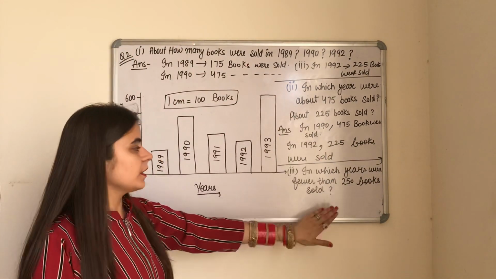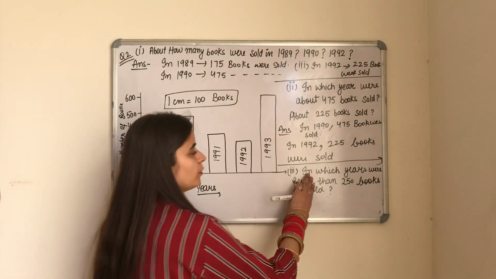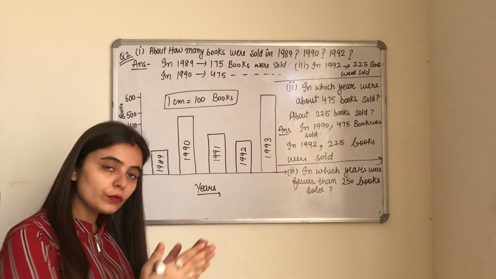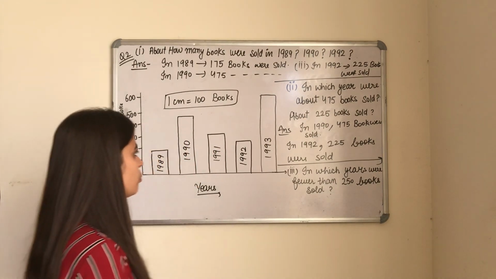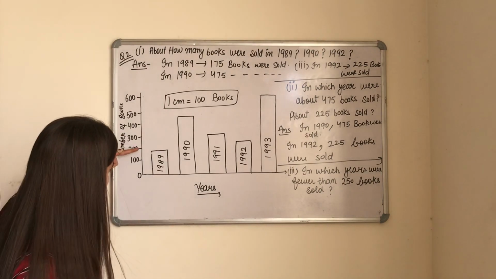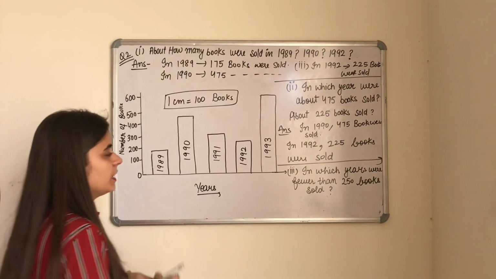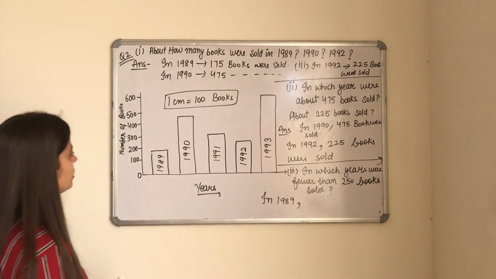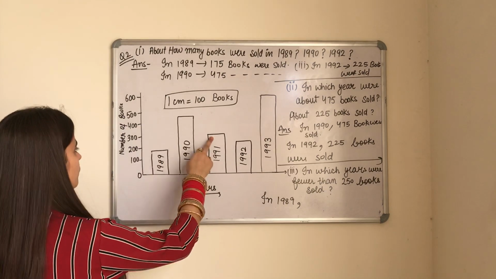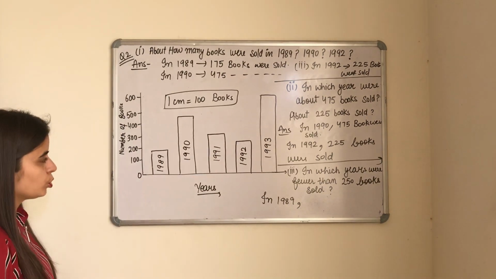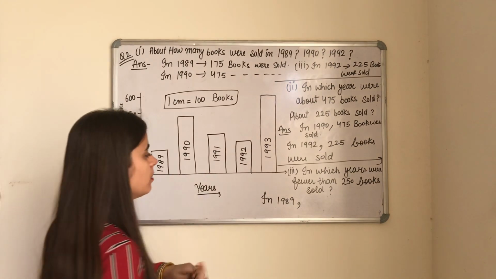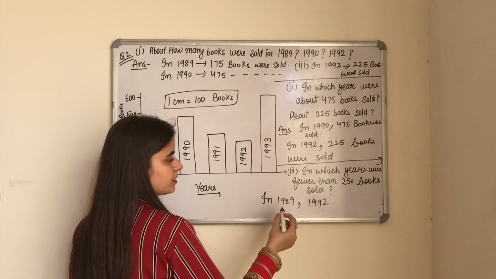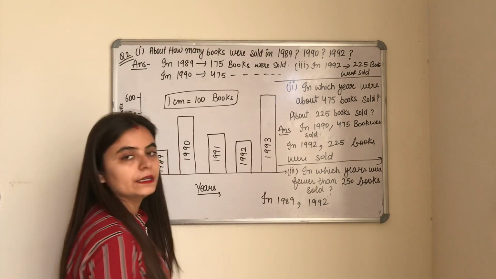First, second, now the third part is here. In which years were fewer than 250 books sold? That is, in which years were fewer than 250 books sold? This is less than 200, which means it is also less than 250. So one is 1989. Check the others: this one is greater than 250, and this one is also greater than 250. And this one was 225, so 1992. Which years? 1989 and 1992.